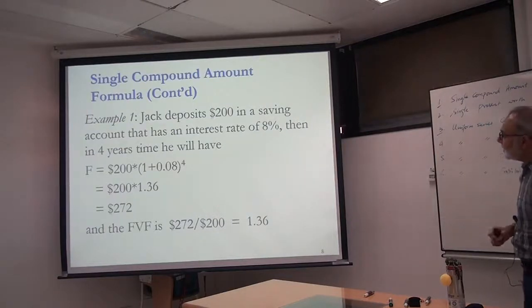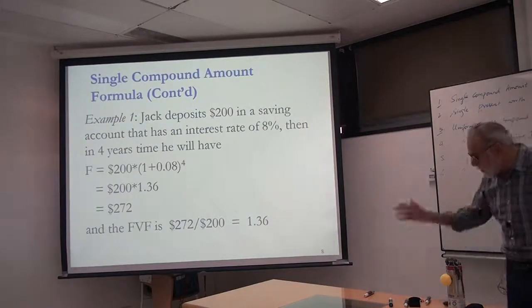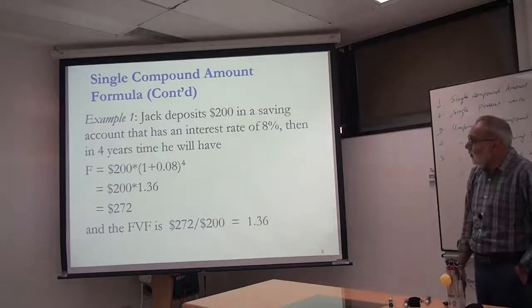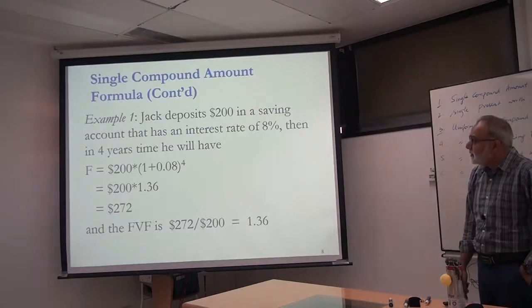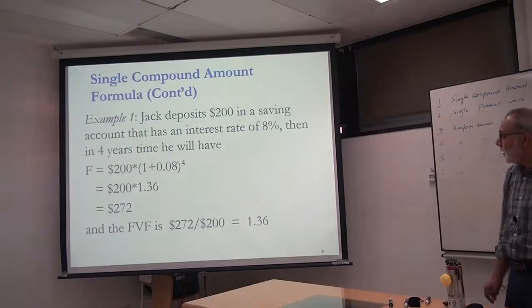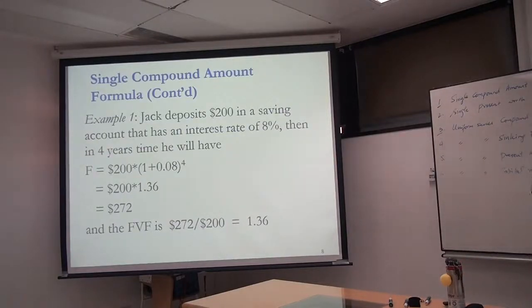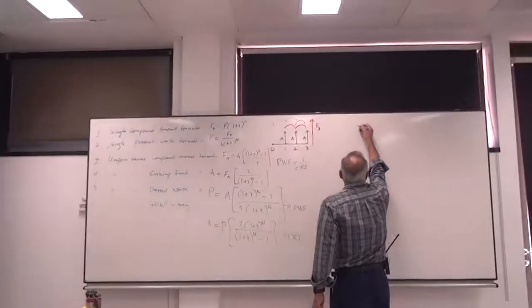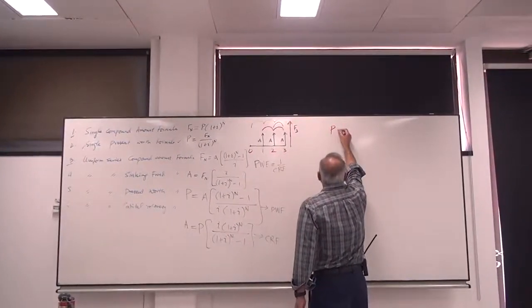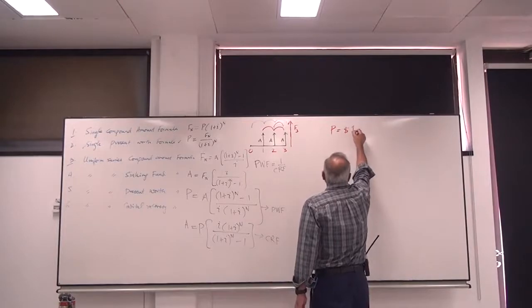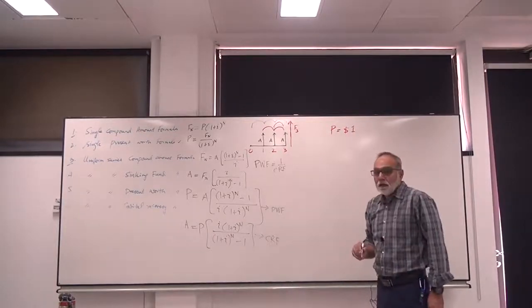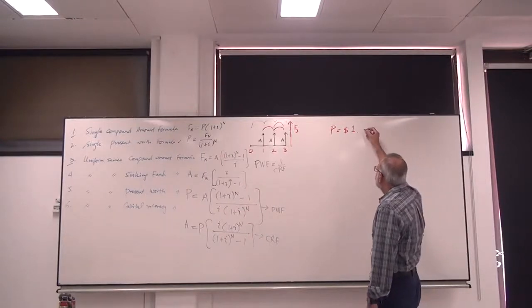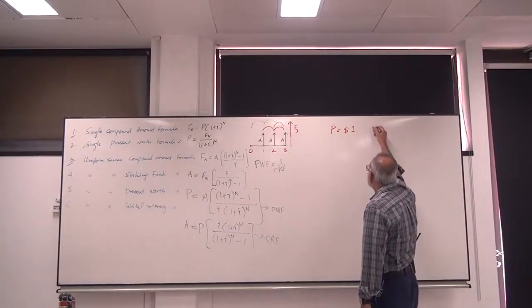Okay, let's see this simple example and see the magic of interest. Let's suppose that one country borrowed $1 and didn't pay it back for, let's say, 200 years.